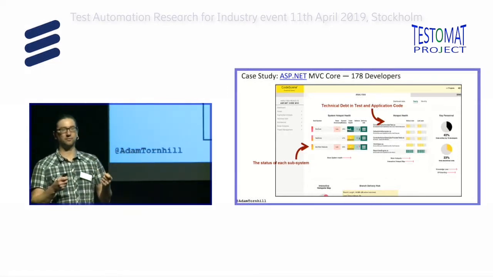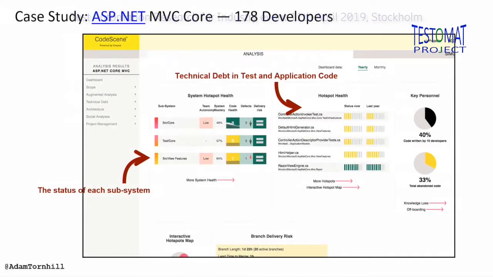It's a framework for building web applications developed by Microsoft. What we see here in the middle is the list of the identified technical debt. We see at least two different test suites that pop up as being technical debt with a high interest rate. But the fascinating thing here is that that code base is developed by 178 developers.